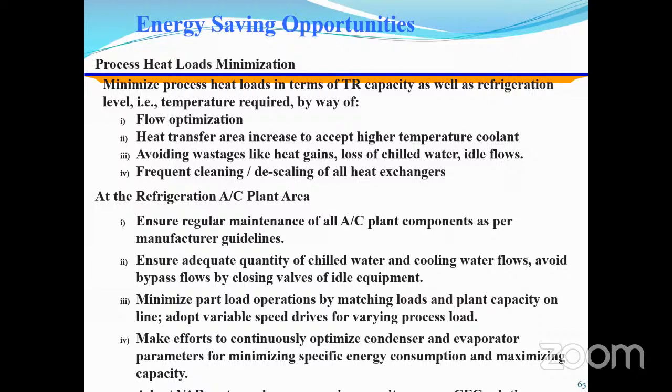So wherever the cooling load is varying, accordingly we have to provide the VFD, for pumps, secondary pumps, then AHU blowers. Make efforts to continuously optimize condenser and evaporator parameters for minimizing specific energy consumption and maximizing the capacity.